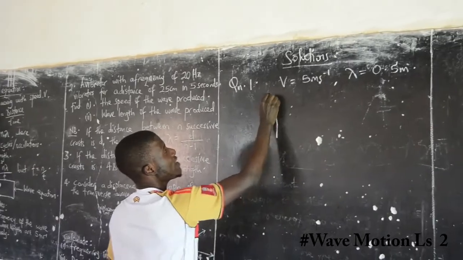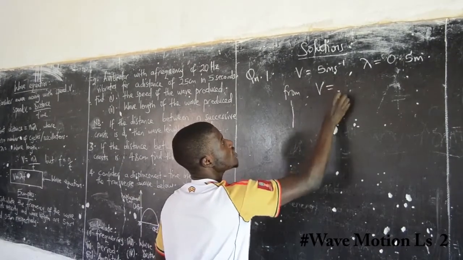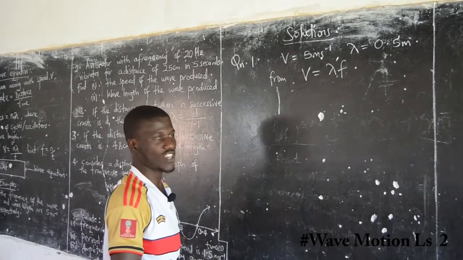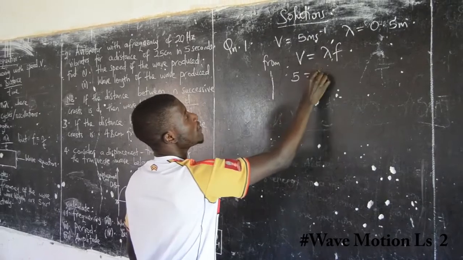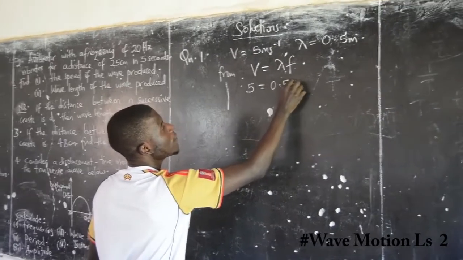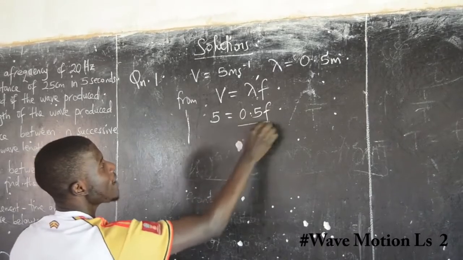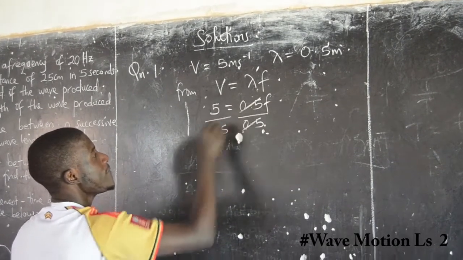You write your wave equation, which states that velocity is equal to wavelength times frequency. Our velocity is 5, our wavelength is 0.5, then frequency. For that matter, you divide by 0.5.